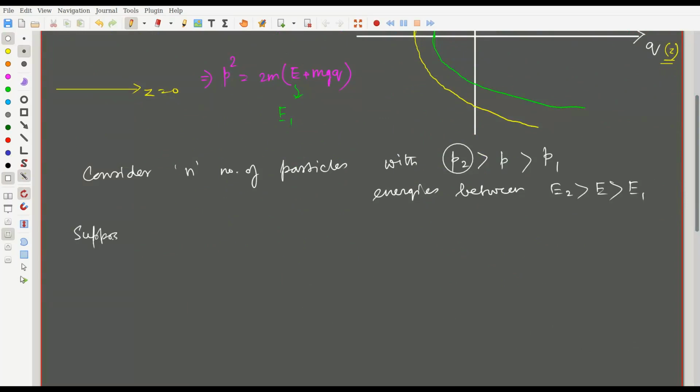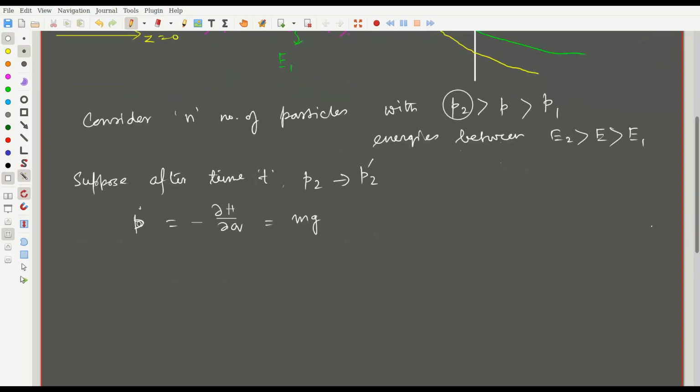Suppose after time t, p2 becomes p2 prime. So I have to find the relation between p2 and p2 prime. But how do I do that? Again, Hamilton's equation helps me. The evolution of momentum: p dot is given by minus del h del q, which is nothing but mg. So p dot equals mg.